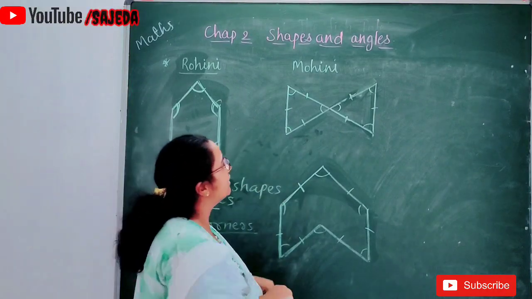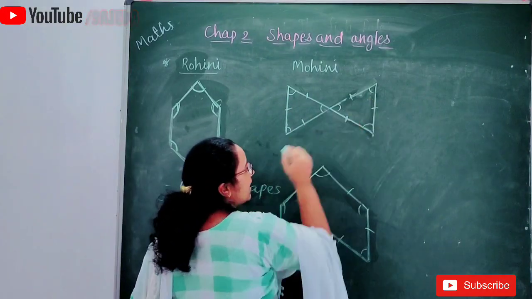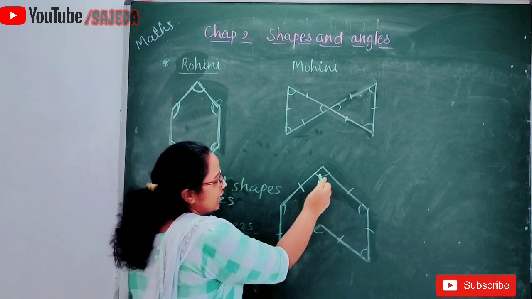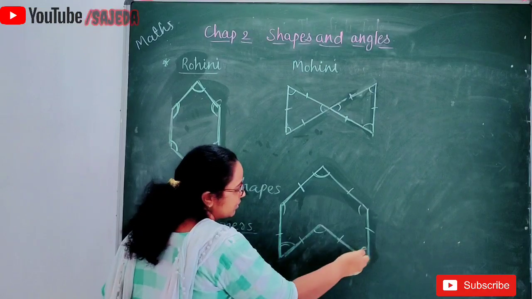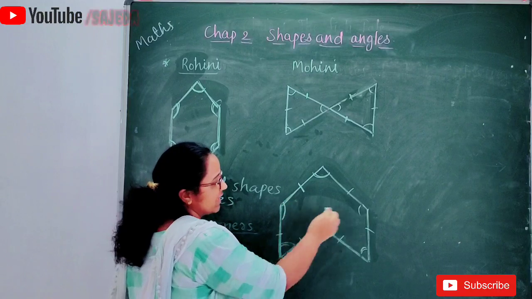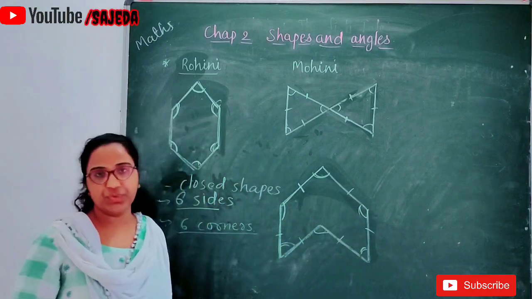In this figure, all these 6 corners are smaller, means acute angles, and in this figure these 4 are acute angles and these 2 are bigger, means obtuse angles.